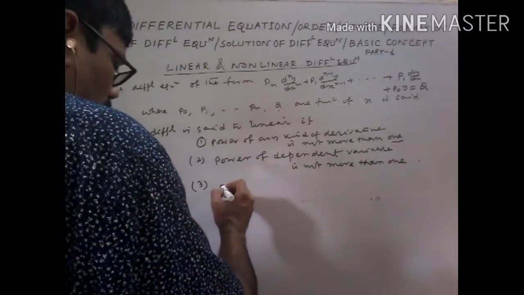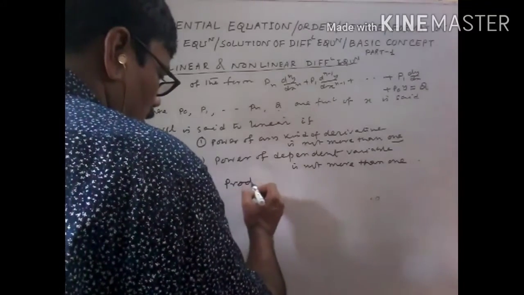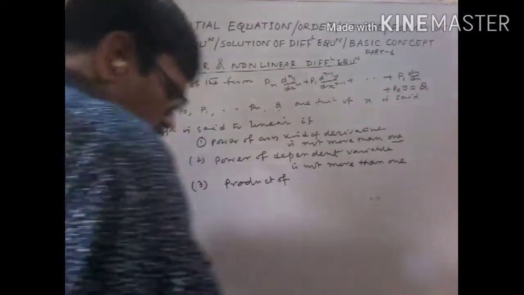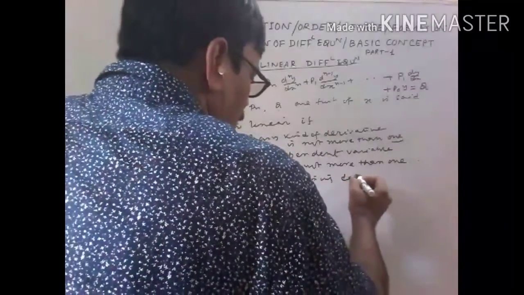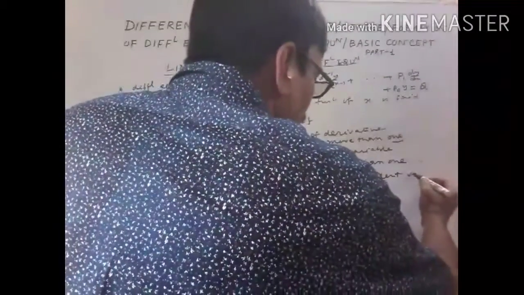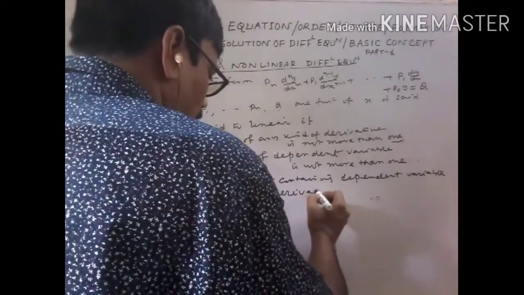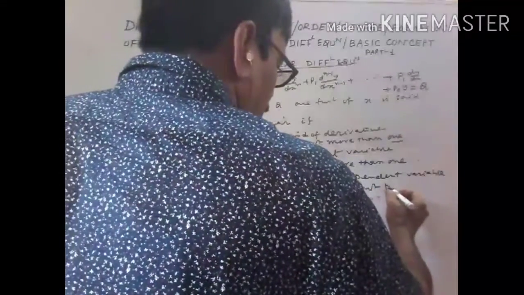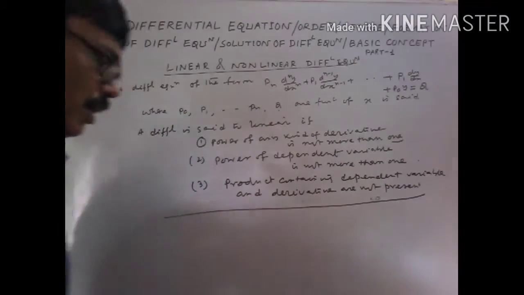Number 3, products containing the dependent variable and derivative are not present. So these are the three criteria.